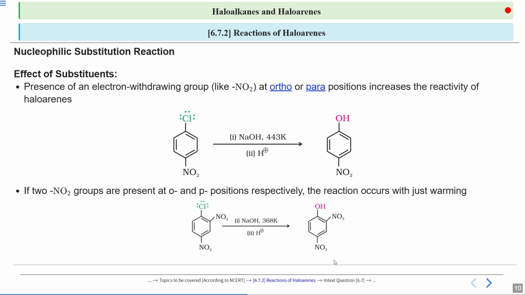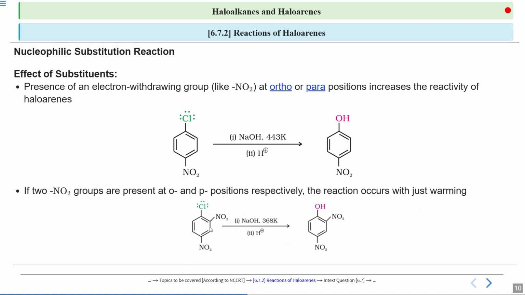You are getting your desired product where at the ortho and para positions we have the NO2 group attached, and at the first position we have hydroxyl. So chlorine will be removed and the OH group will be attached in the benzene ring, and this reaction occurs with just warming of the compound you are reacting.